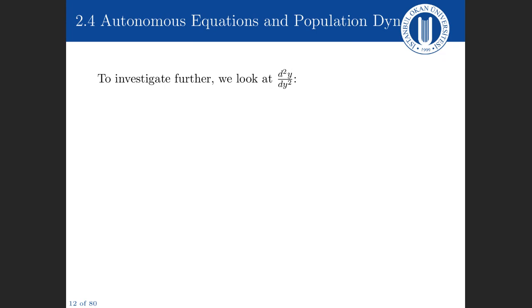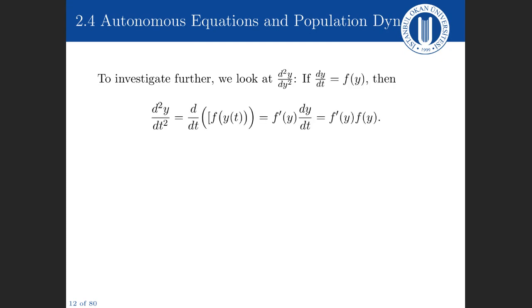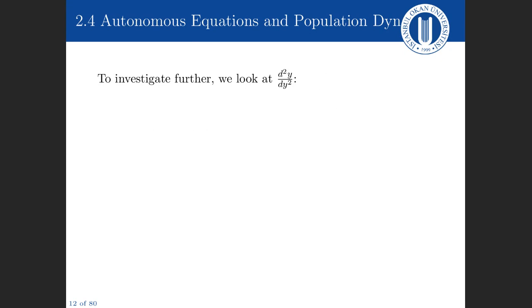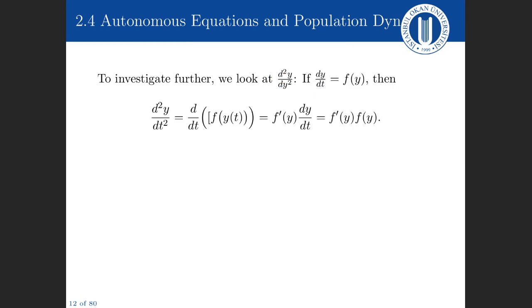To investigate further, we can look at the second derivative of y. So there is a mistake here. This should say second derivative of y with respect to t. In other words, the derivative of dy dt, but dy dt is equal to f of y.